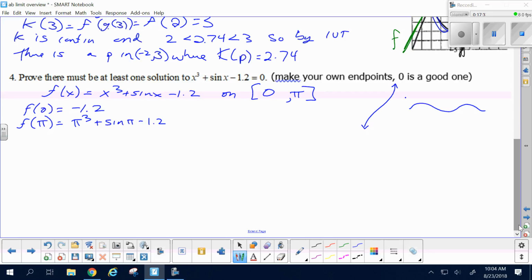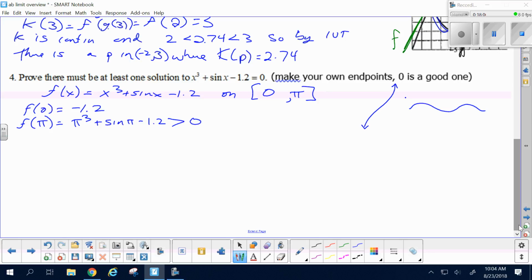Oh, try again. Okay, 27. All right. So this is about 27, probably a little more. What's sine of pi? 0. About 27 minus 1.2. Definitely positive. Right? All right then.